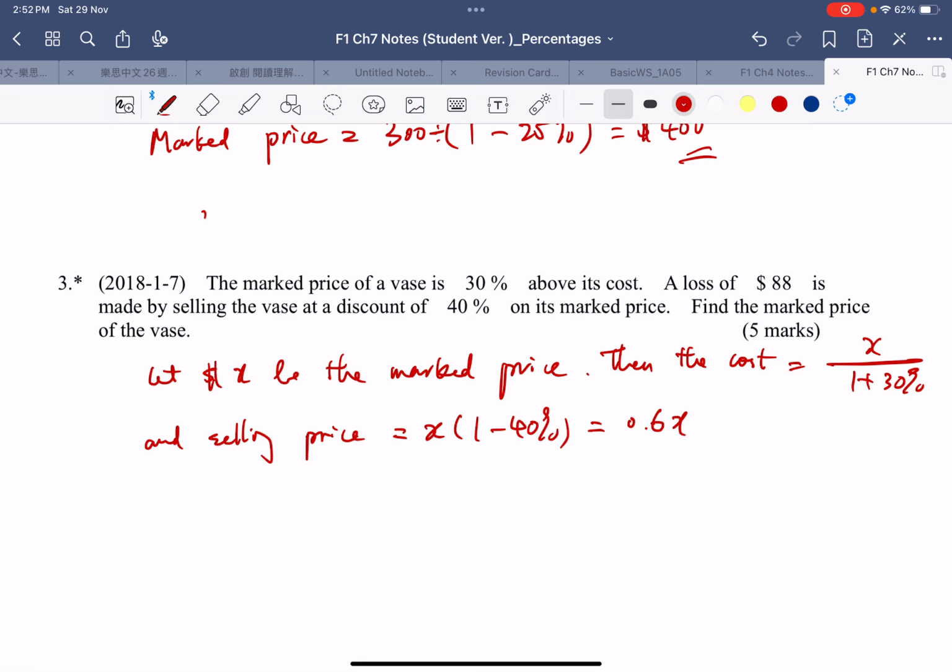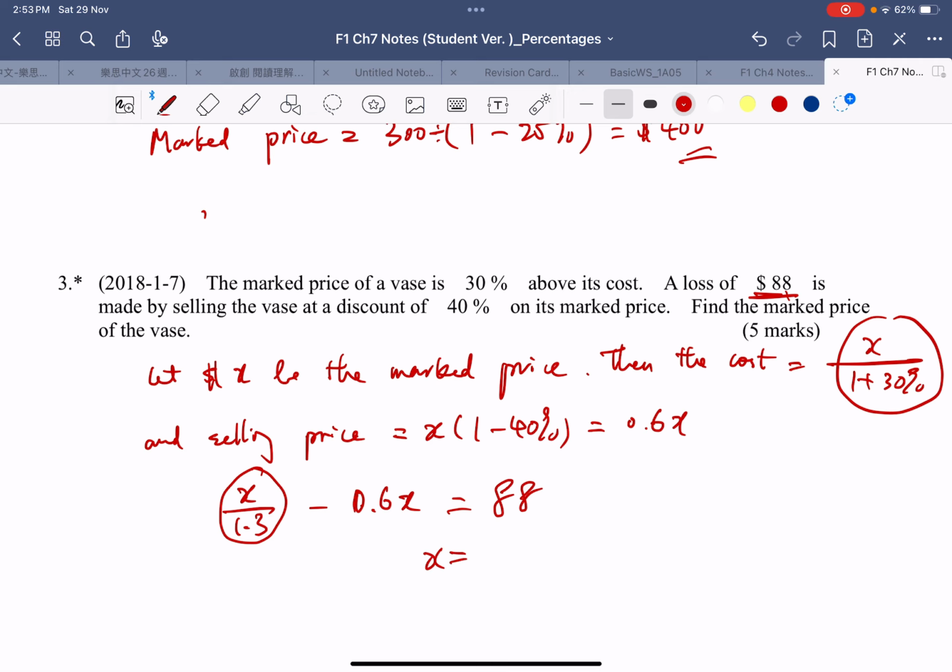Okay. And set up equations like this. The cost minus the selling price, 0.6x, gives you this. Okay, what is this? A loss. And solving it, it will be the market price.